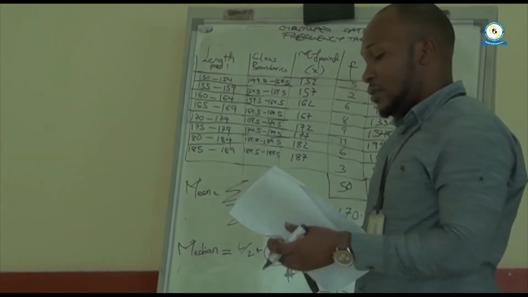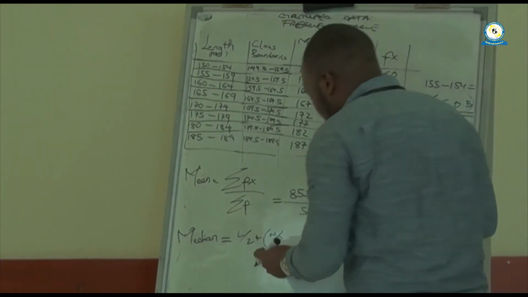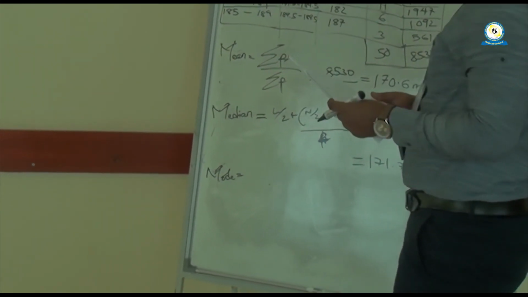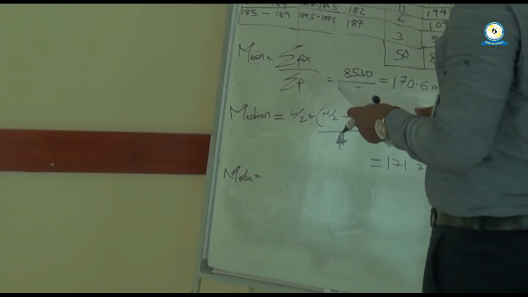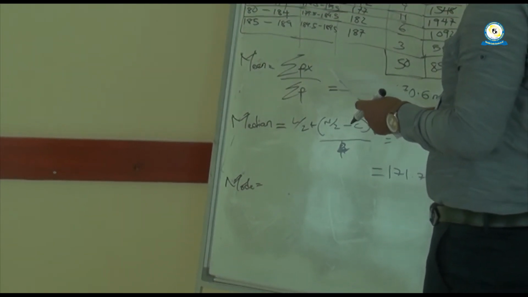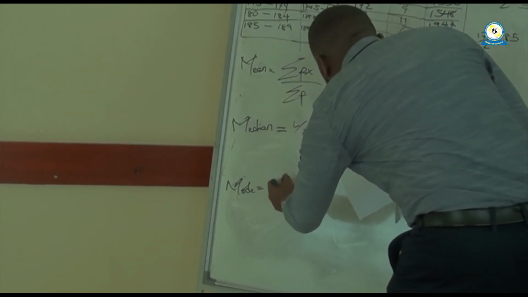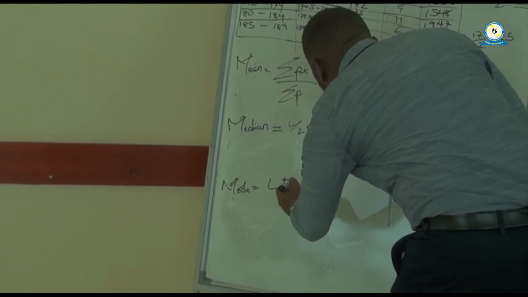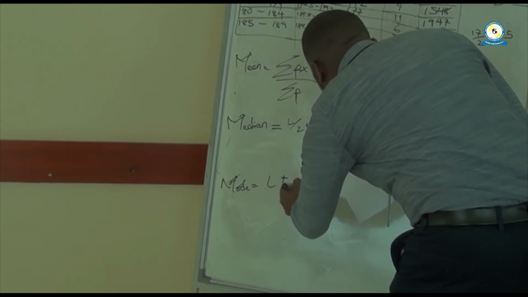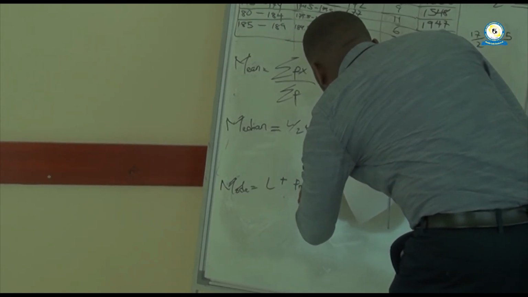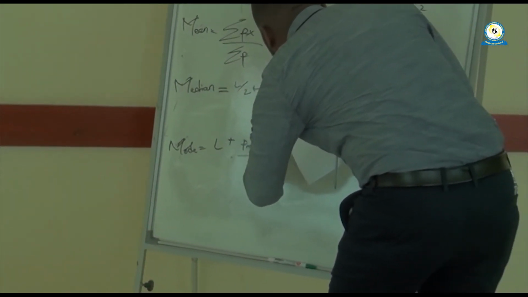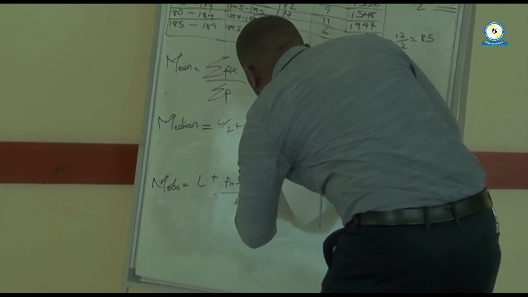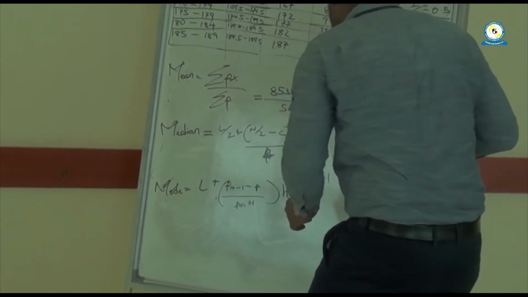Now we go to our last one, which is the mode. The mode formula is given by L plus (f_m minus f_{m-1}) over ((f_m minus f_{m-1}) plus (f_m minus f_{m+1})) times the class width.